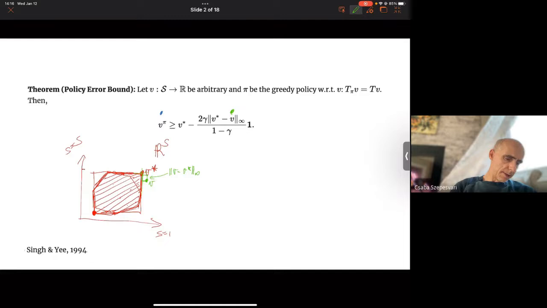So you get this maximum distance and you multiply it with 2 gamma over 1 minus gamma. So you inflate this maximum distance. Wait, you have to match all of them, right?